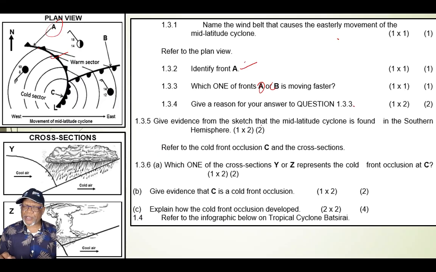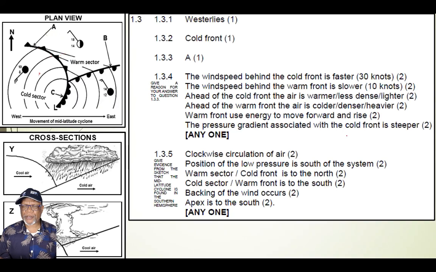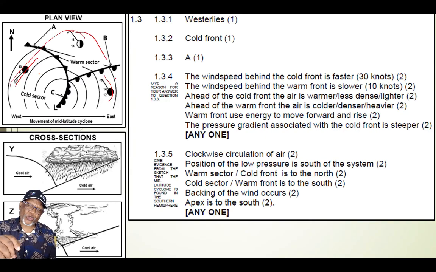1.3.5. Give evidence from the sketch that the mid-latitude cyclone is found in the southern hemisphere. There is clockwise circulation. You can see air coming from that direction, and that direction, and that direction. When you join all these directions, it shows that there is clockwise circulation. The position of the low pressure is south of the system.